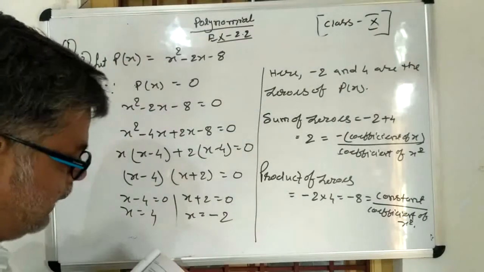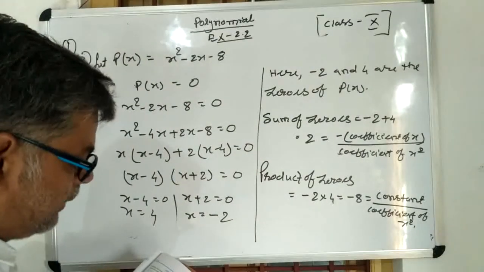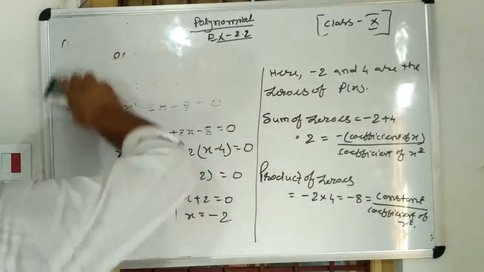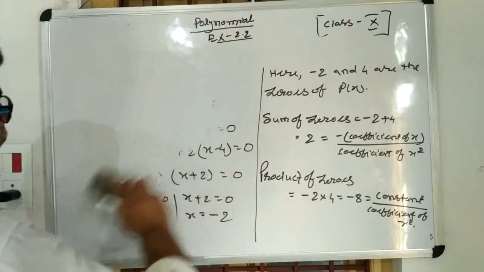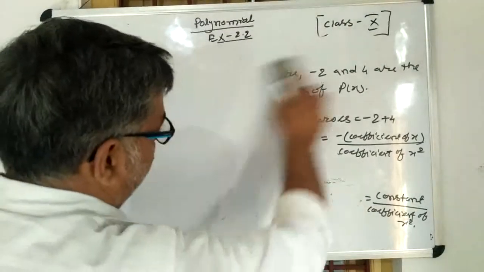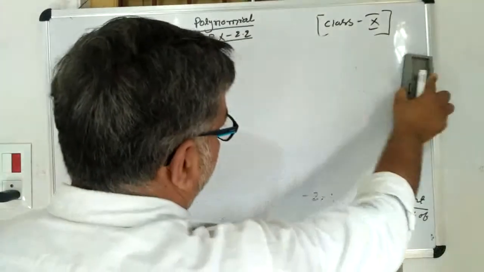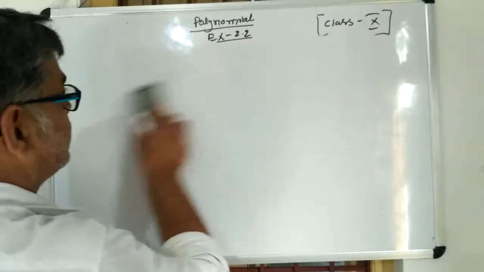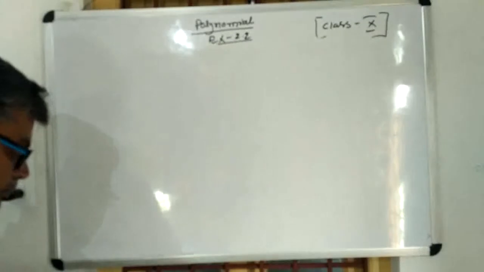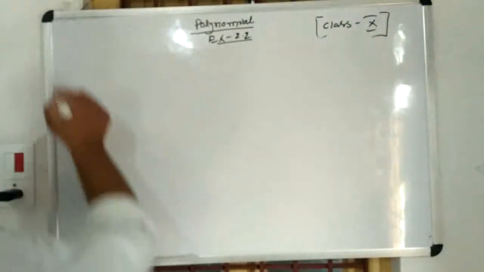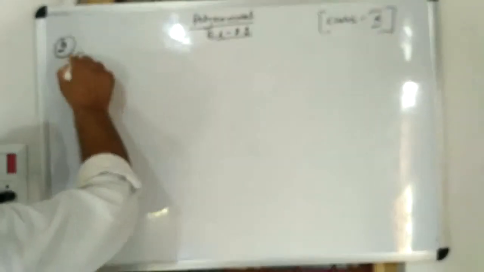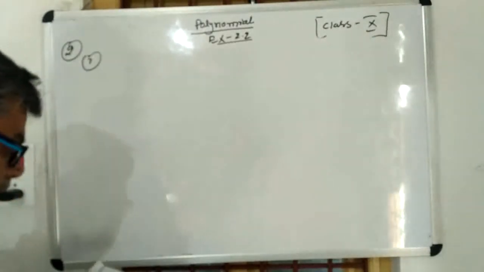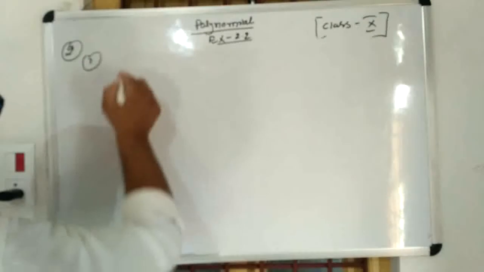Find a quadratic polynomial each with the given numbers as the sum and product of its zeros. In the second question, the sum of zeros and product of zeros are given and you need to find the polynomial. So let's see question number 2.